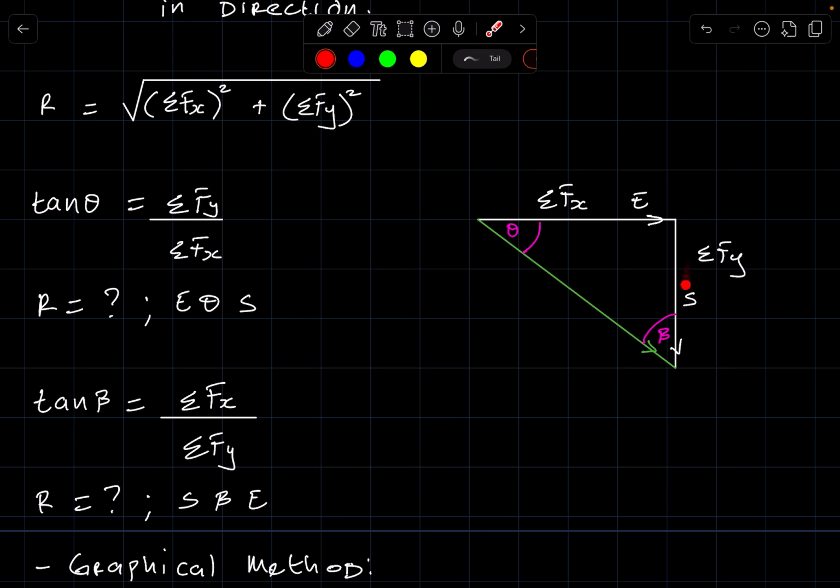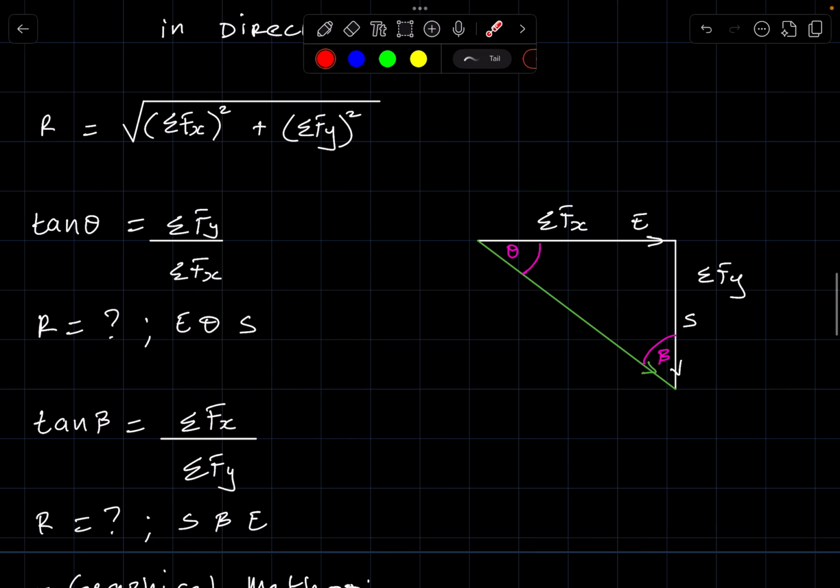So the two components, you must make sure that you draw them following a head to tail direction, and then the resultant will be in a direction that opposes head to tail. I'll explain the head to tail matter later when we look at the triangle law.